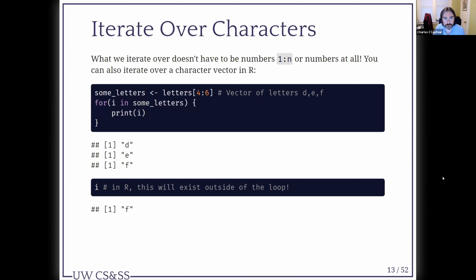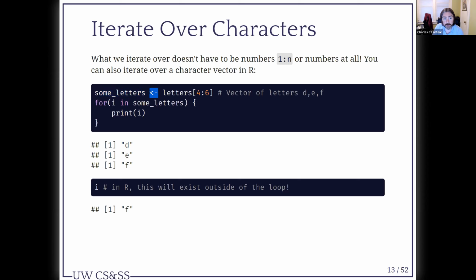Here's an example of something else. We don't necessarily have to iterate over numbers either. We could iterate over any object in R, including a vector of characters, that is, a vector of text. Here I'm going to say, I want to pull out some letters.